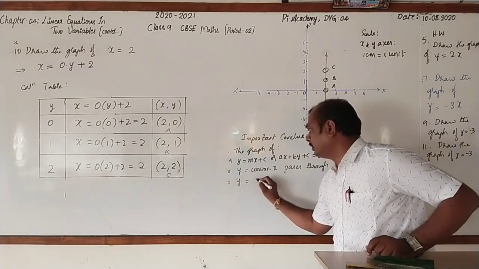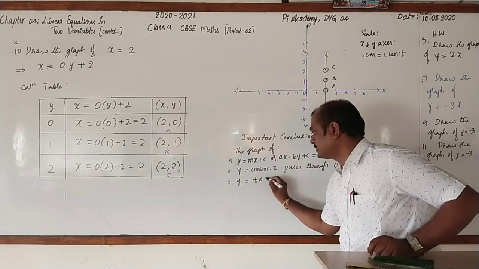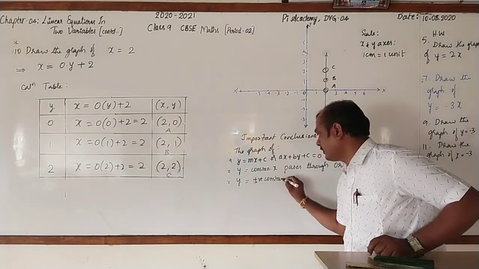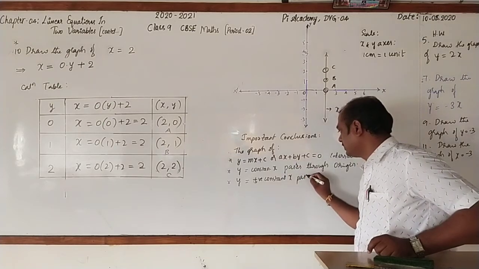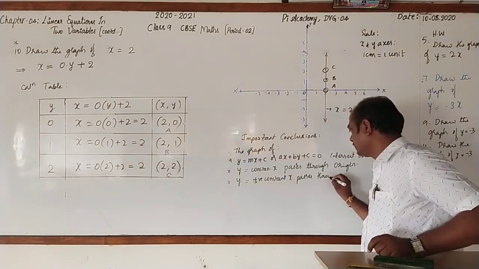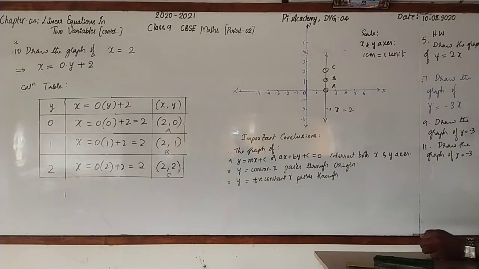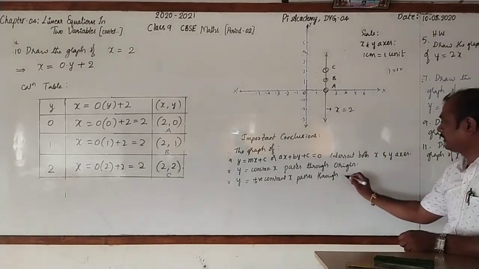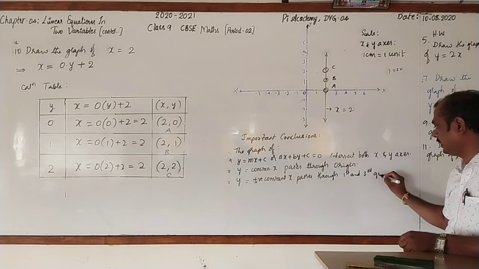And another important point is, if y equal to just a positive constant into x, it passes through, yes, what do you say? First and third quadrant, right? Here I'll write first and third quadrants.